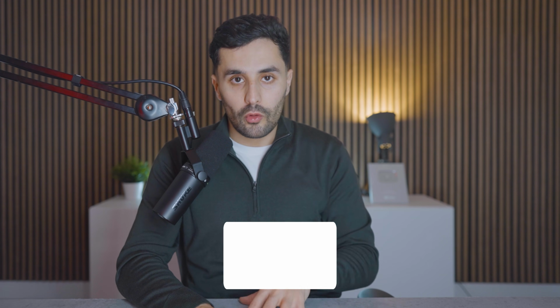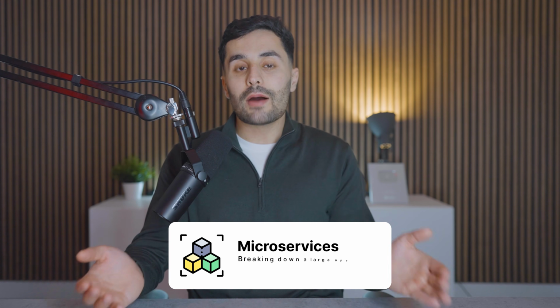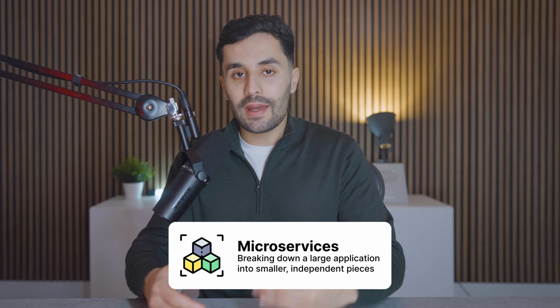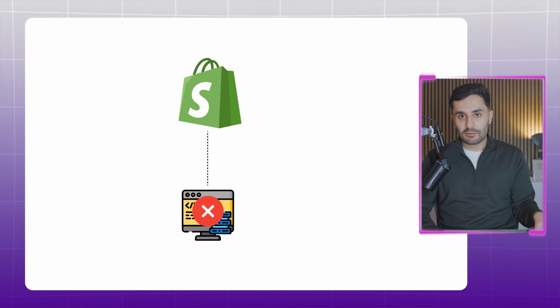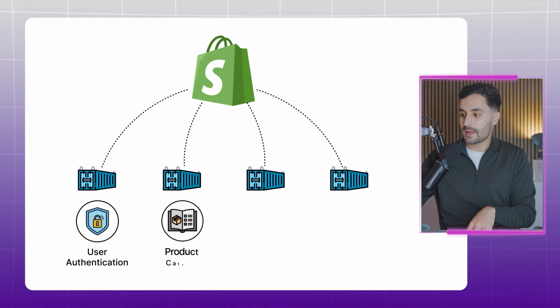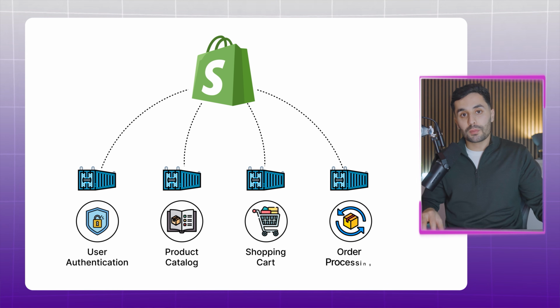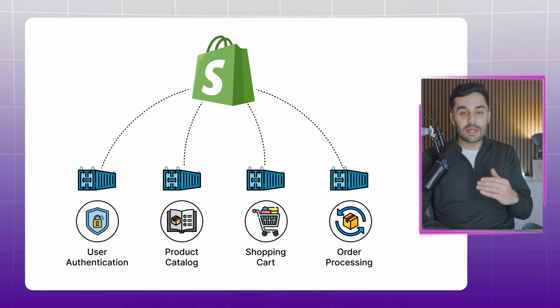Now, this approach really shines when you are building what we call microservices, breaking down a larger application into smaller independent pieces. For example, in an e-commerce application, instead of having one big application doing everything, you might have separate containers for user authentication, product catalog, shopping carts, and order processing. Each of these runs in its own container.